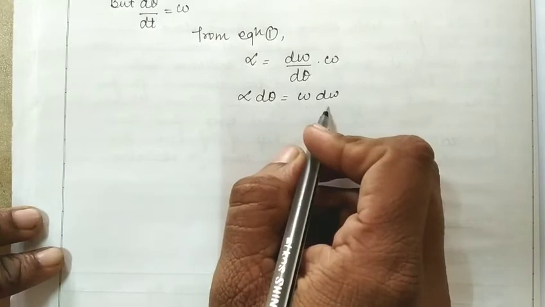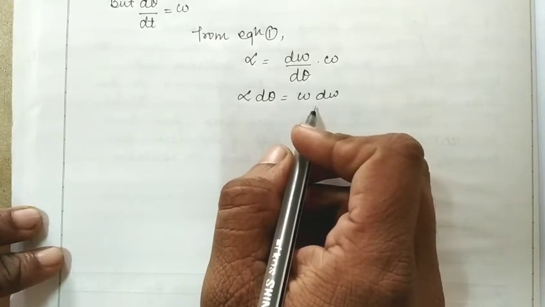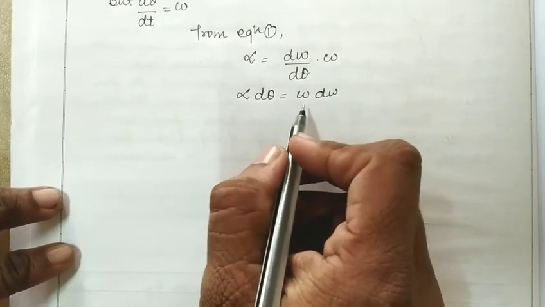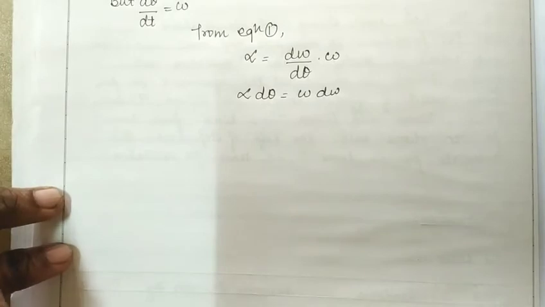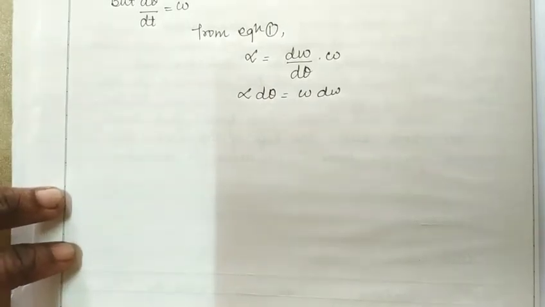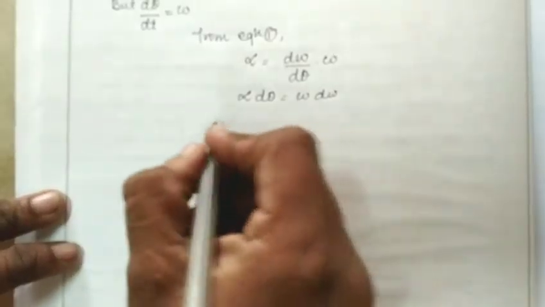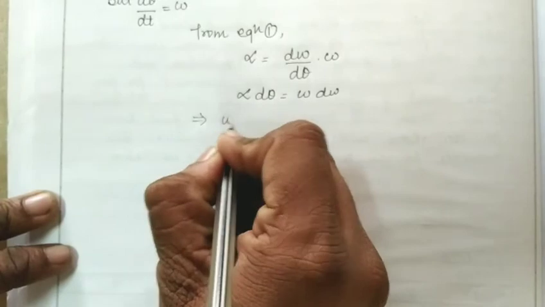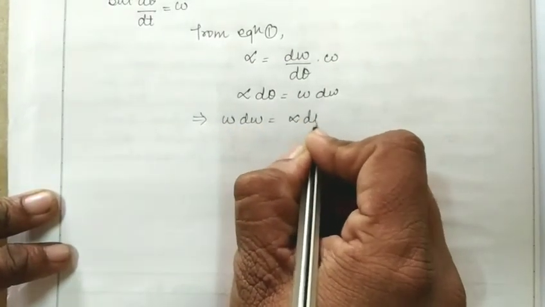Okay students, so from here we can conclude that for the third equation, when the time t was 0, the initial velocity was omega naught, and when time becomes t it becomes omega. So omega d omega is equal to alpha into d theta.